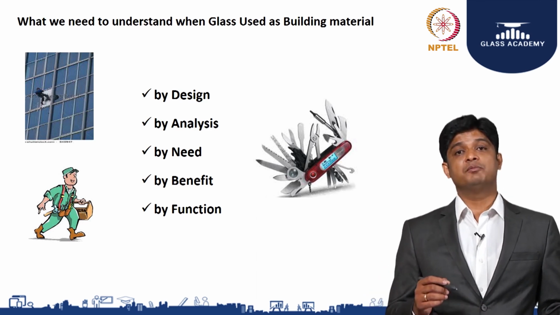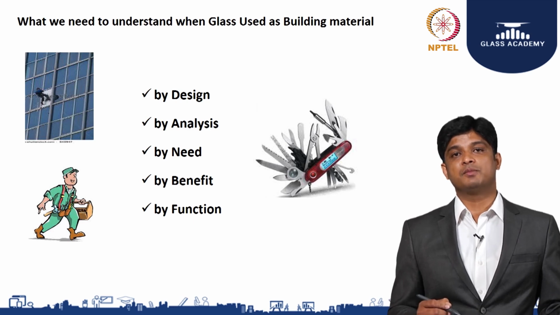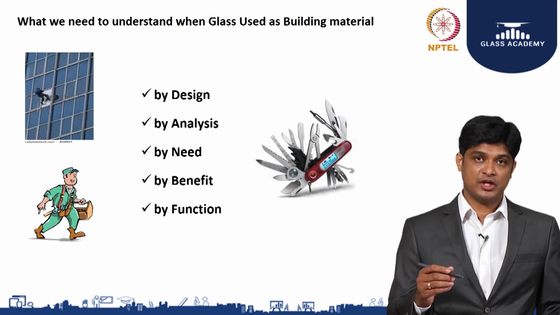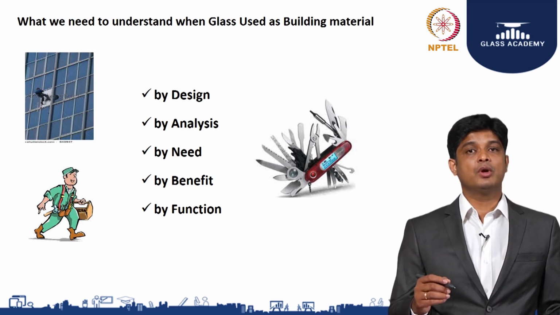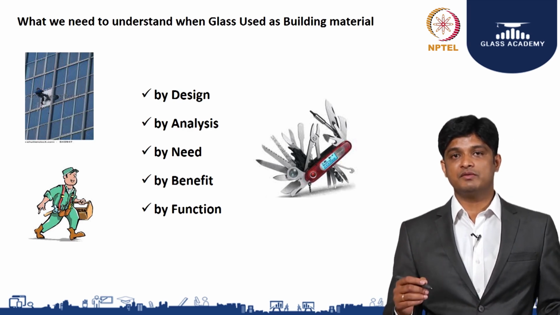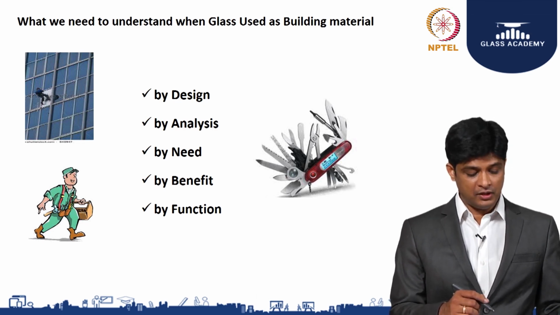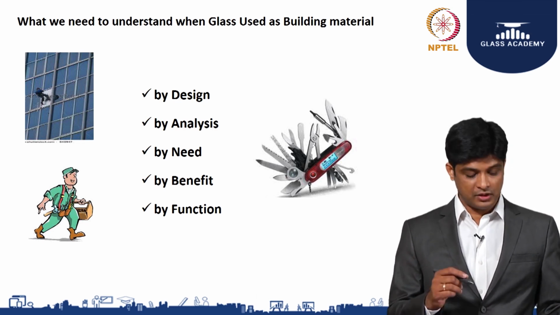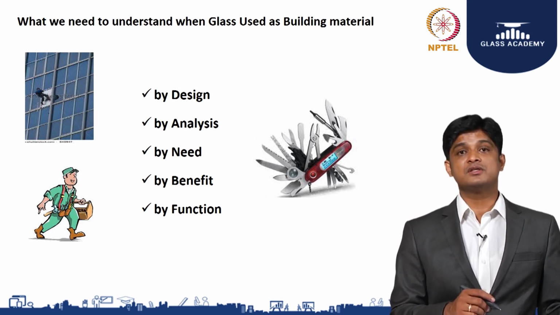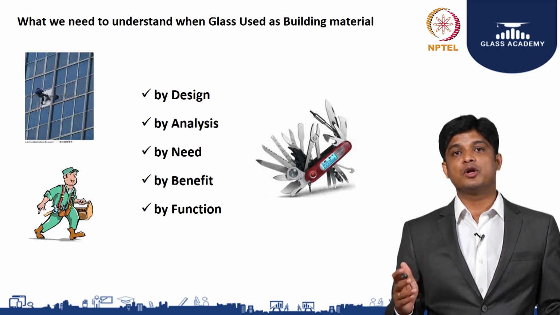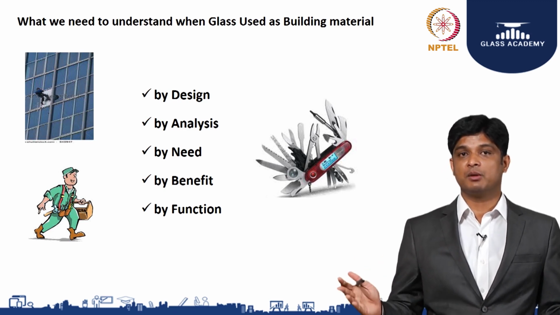Then, what kind of benefit do I expect from this material, whether I am going to use this as just an envelope material, or as a security element, or as a material which is going to cut the amount of noise coming in, which is an acoustic barrier. Unless I clearly define my benefit, it would be a challenge later to understand this material. And by function, what is the functionality of the glass, whether it is going to be static, or dynamic, or expressive like dynamic facades.